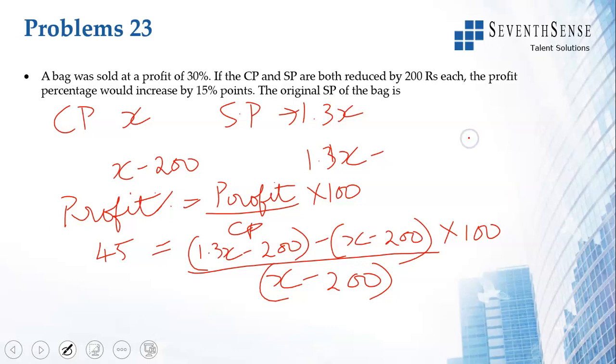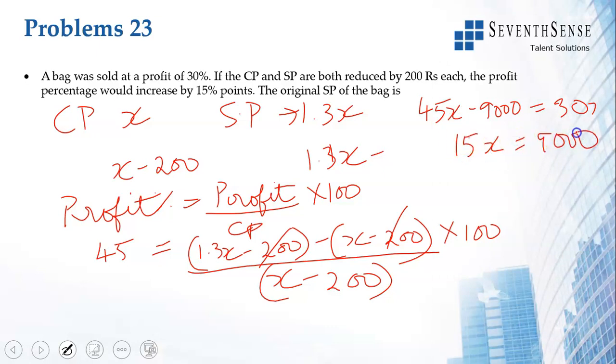Okay, 45x minus 9000 is equal to 0.3x, because this and this go away. Sign change, 0.3x. 15x is equal to 9000. X is equal to 600.